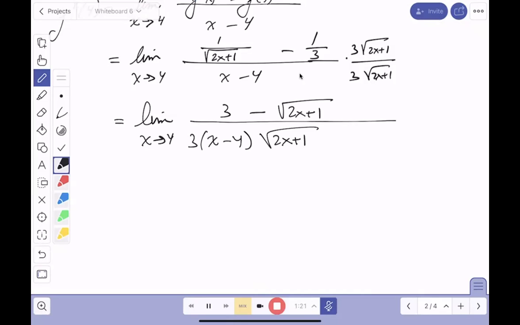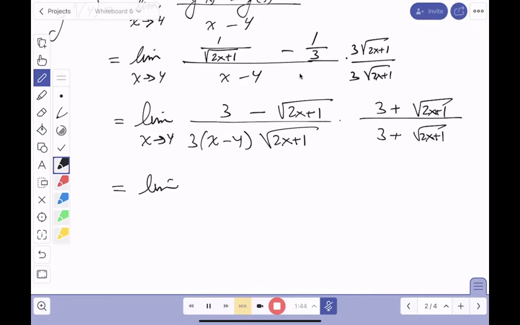Well, I'm still in the same predicament, and that is I can't do the limit. So what I'm going to do over here is I'm going to multiply by the conjugate of the top. Let's write that down. Let's hope something nice happens. 3 plus the root of 2x plus 1, 3 plus the root of 2x plus 1.